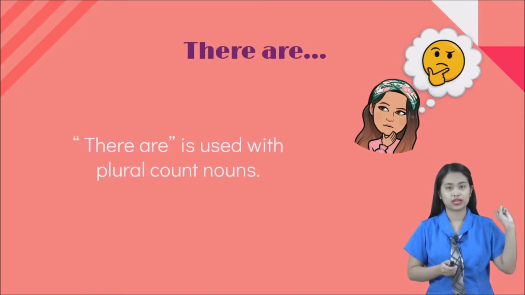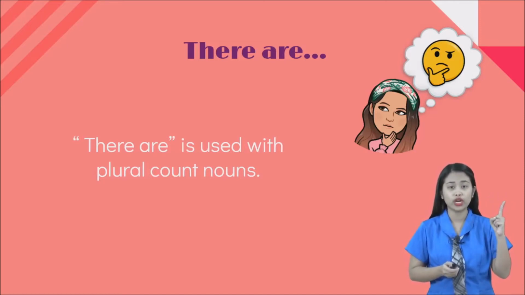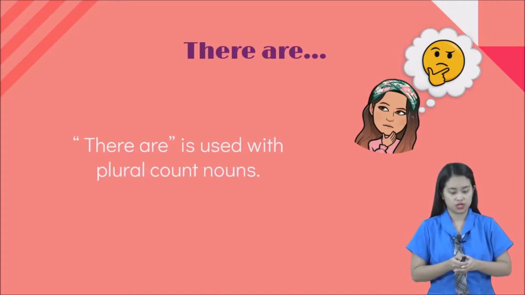Again, we have 2: there is and there are. There is is used for singular count nouns and also for non-count nouns, while there are is used for plural count nouns.